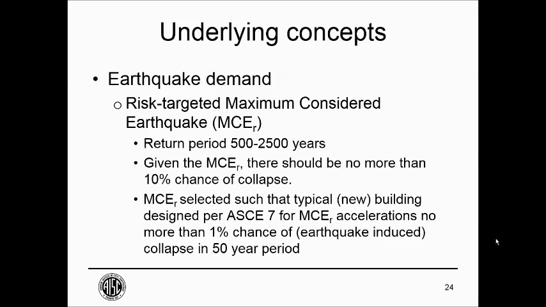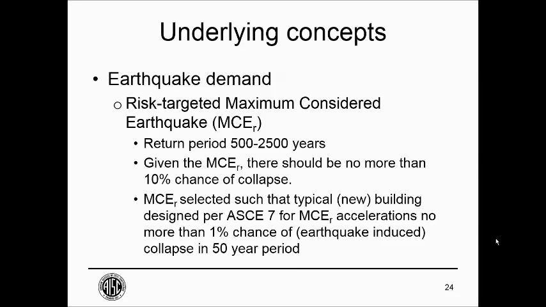So in some areas of the country, this means, because earthquakes are more rare, that we design essentially for a different return period based on the rarity of the earthquake.